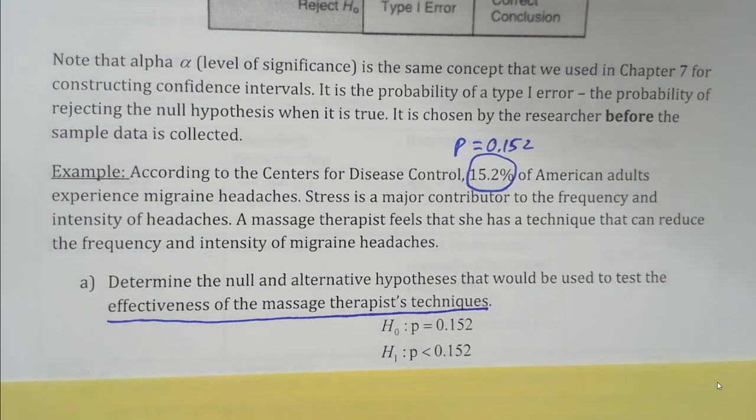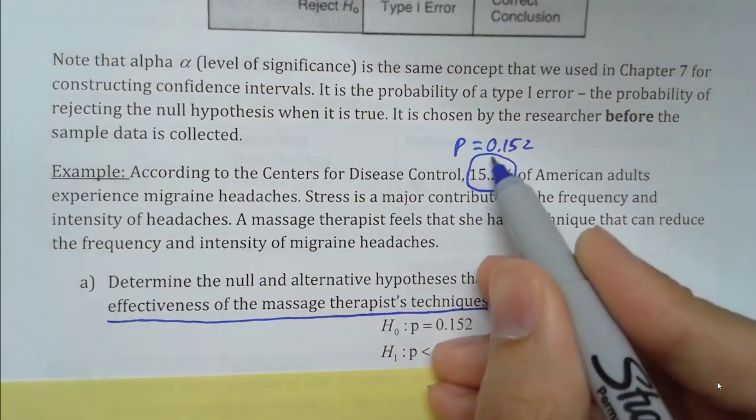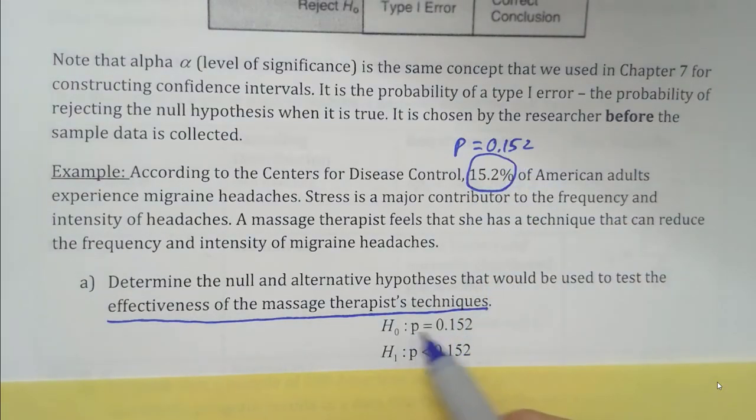Before we apply the change to the people that have the migraine, we know that the proportion is 0.152. The proportion under the normal circumstances, before we apply any change, any techniques. This is the existing condition. So this is the H0 for the proportion.